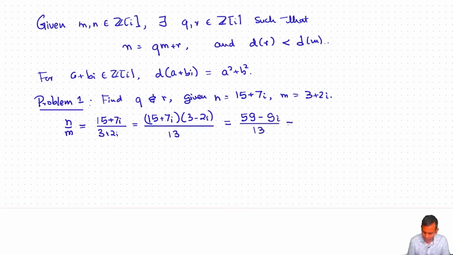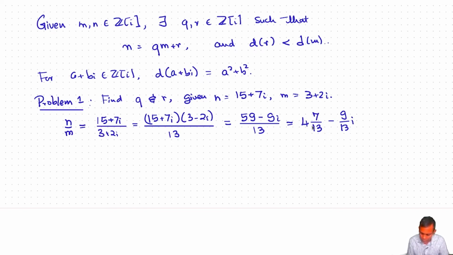So 59 by 13 is 4 and 7/13, and this is just minus 9 by 13 i. So this q is not going to work for us because we want a q that is a Gaussian integer. So what we'll do is we'll take a Gaussian integer that is really close to this.